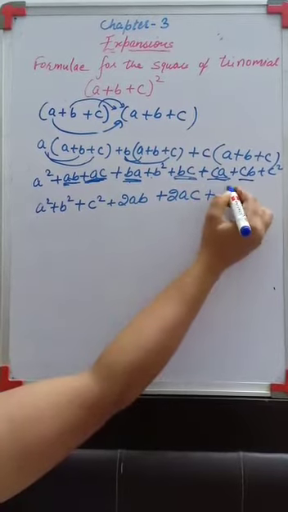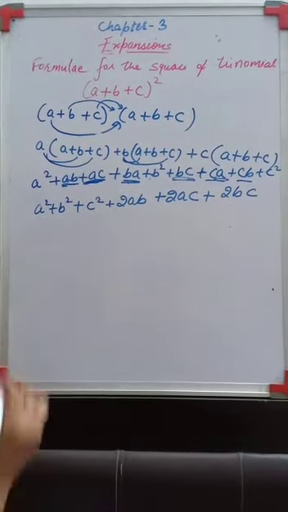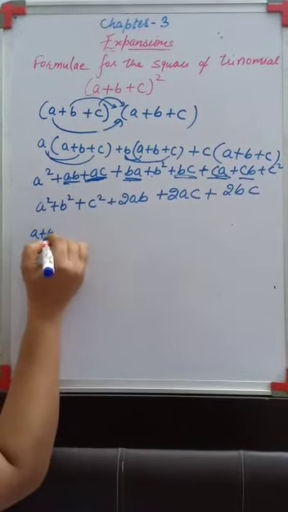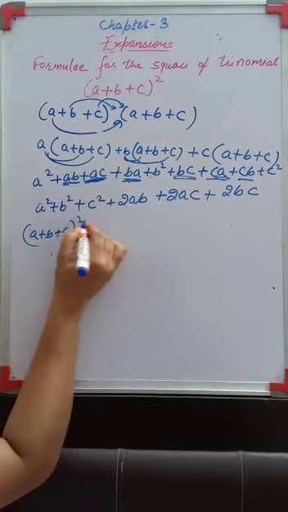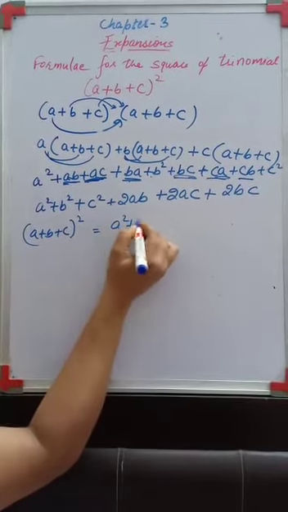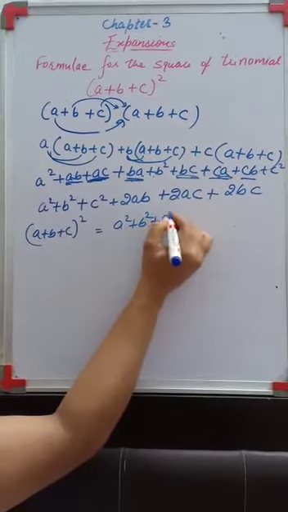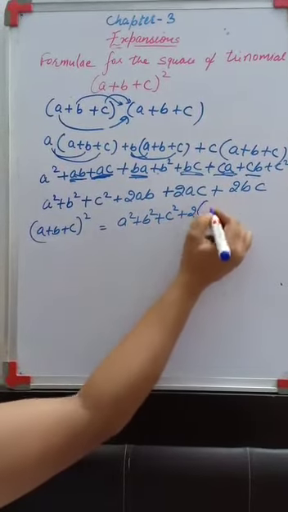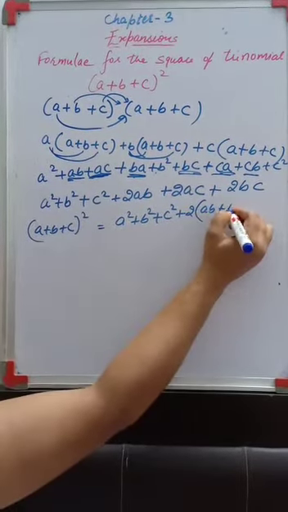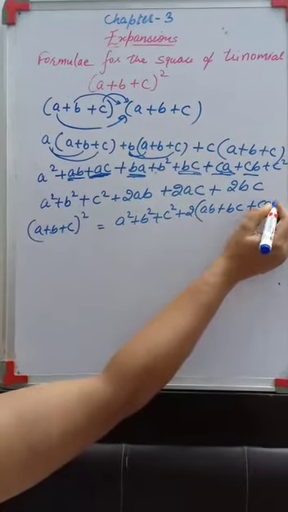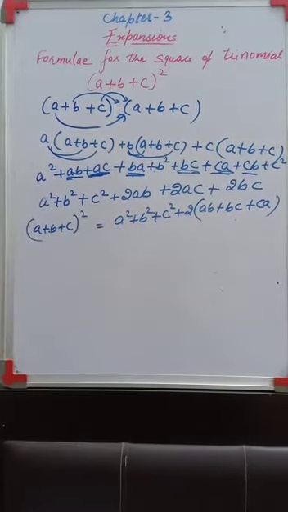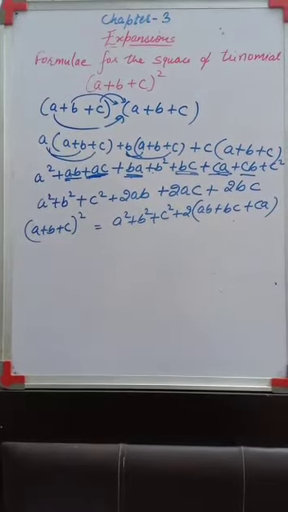So it will be twice of BC, right? That means what I can write, A plus B plus C whole square will be what? It will be A square plus B square plus C square plus 2 into AB plus BC plus CA. That is the formula for the square of the trinomial.